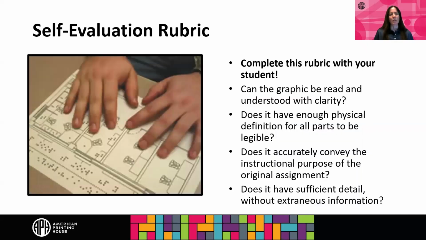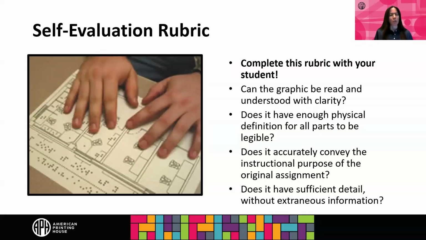Also, always helpful is a little bit of self-evaluation and self-reflection. I have here a self-evaluation rubric, and I would really encourage you to complete this with your student because not only will it give you some incredibly valuable information, but it'll be really fun. So some questions that you can ask post-graphic use. Was the graphic readable? Could it be understood with clarity?